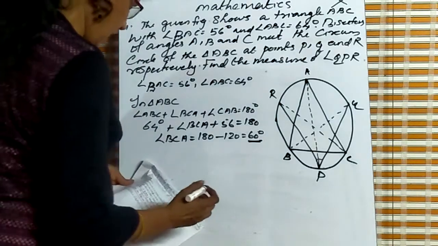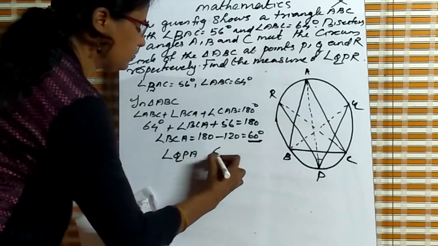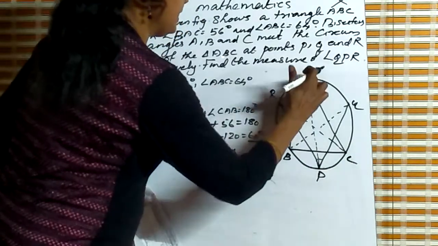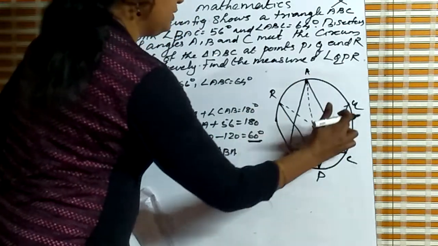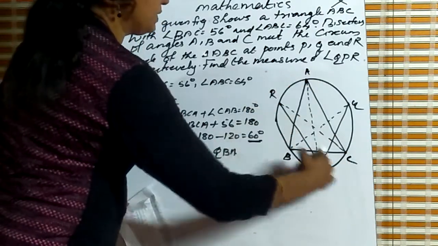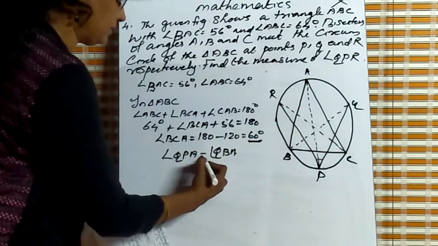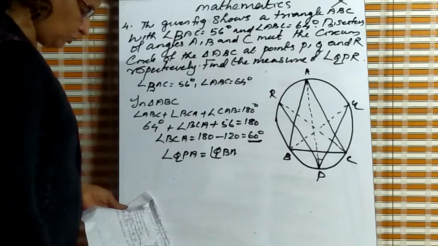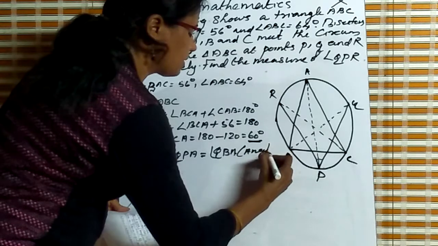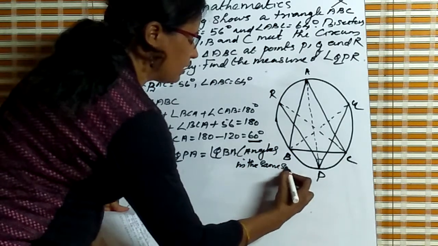Now we look at angle QPA and QBA. Angle QPA and QBA belong to the same segment. Angles in the same segment are equal. Angle QPA is equal to angle QBA.